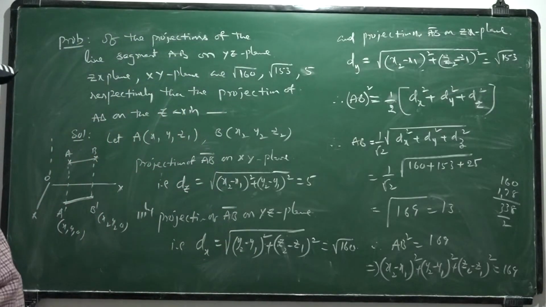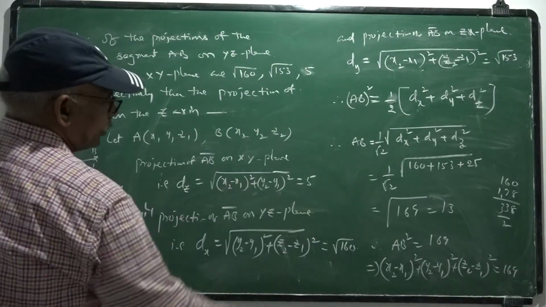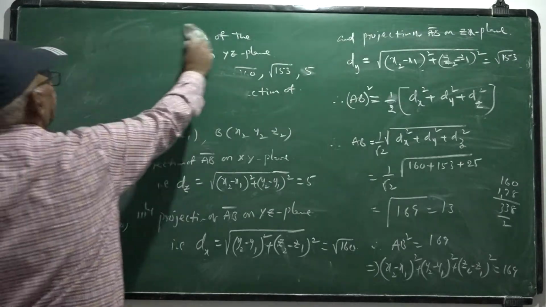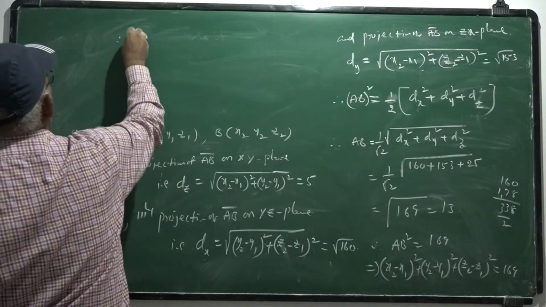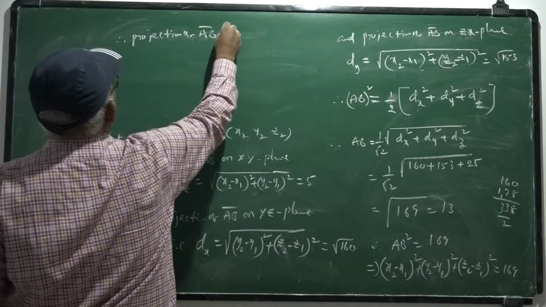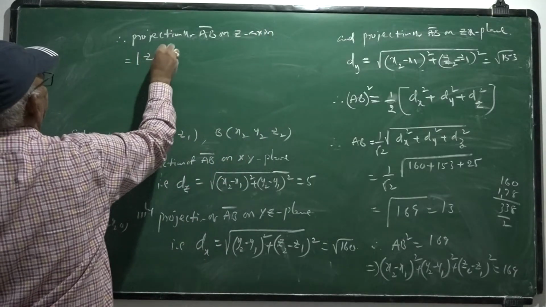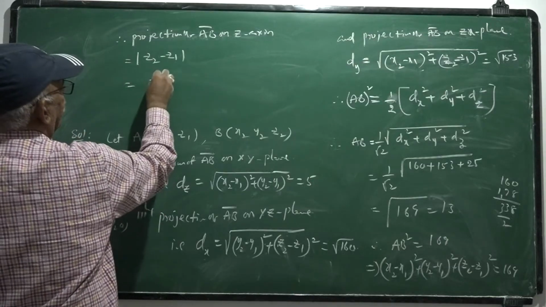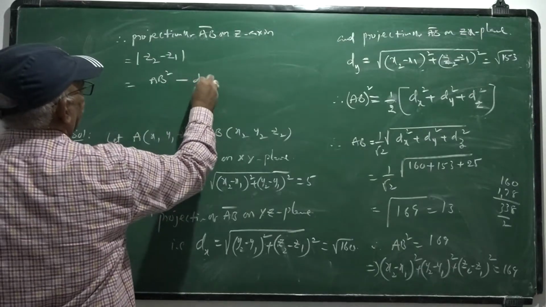Therefore, on subtraction of this one, squaring, we get the projection of the line segment AB on z axis. Therefore, projection of AB on z axis is modulus of z2 minus z1. That gives us under root AB square minus dz square.